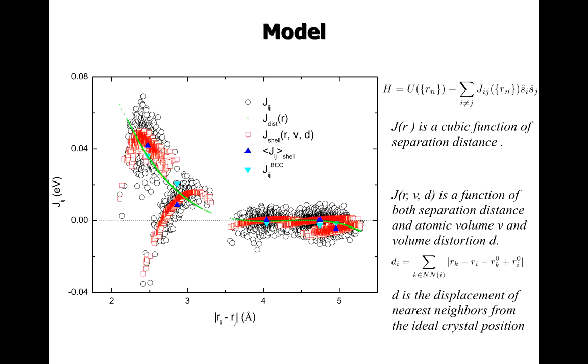So a simple fit that just takes the separation into account, which would be the green line here, doesn't really do justice to the functional form of this interaction.